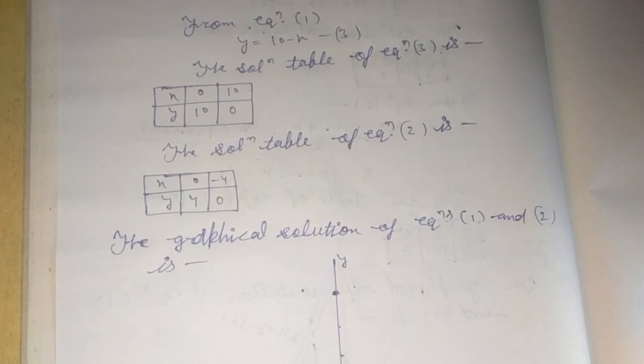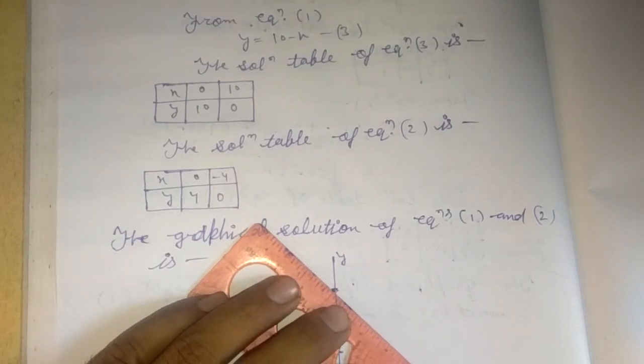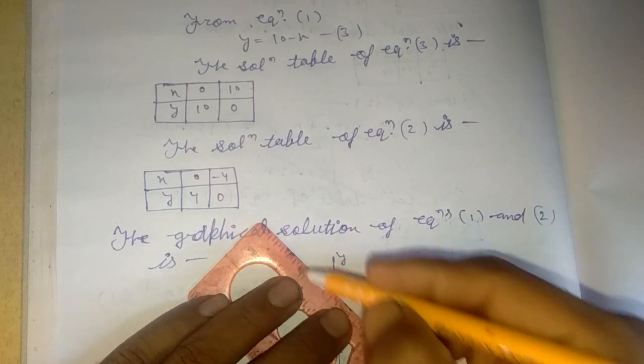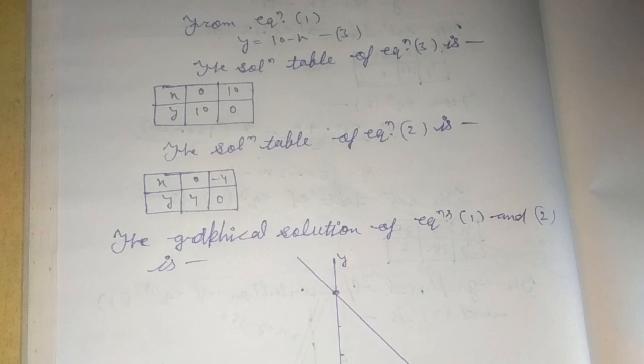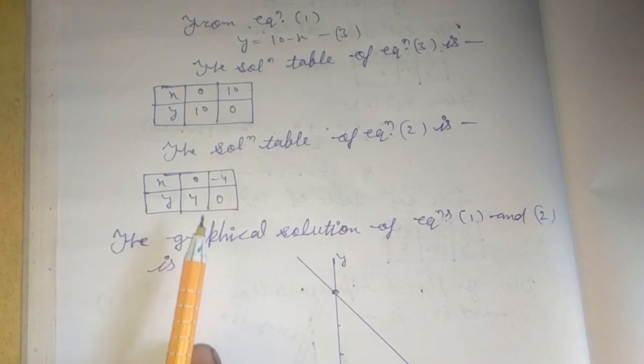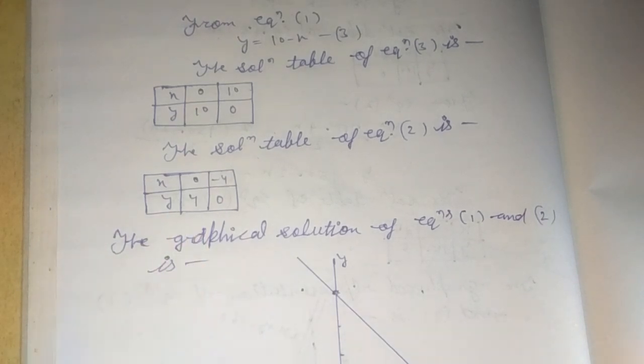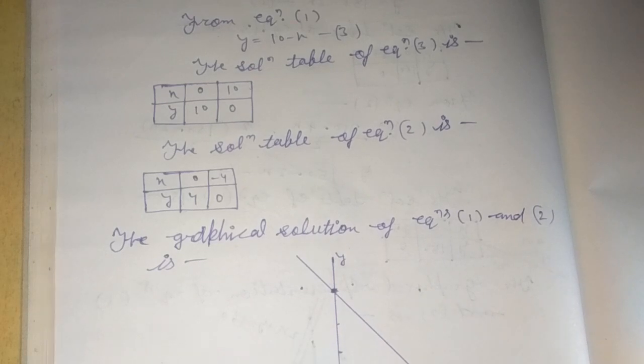We join these 2 points. Again, in the second table, when we take x equal to 0, we get y equal to 4. Again, we take x equal to minus 4, we get y equal to 0.